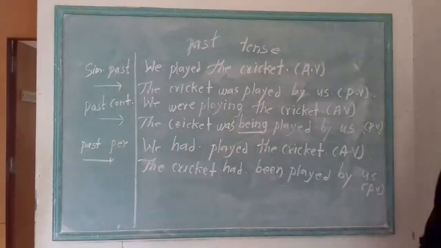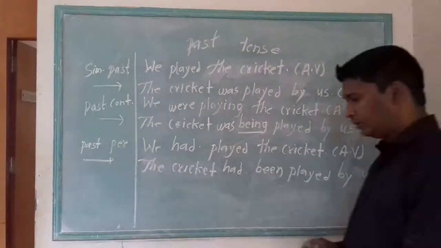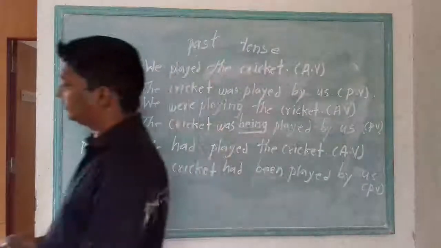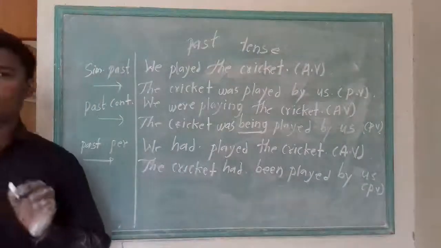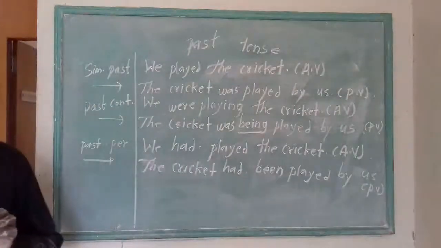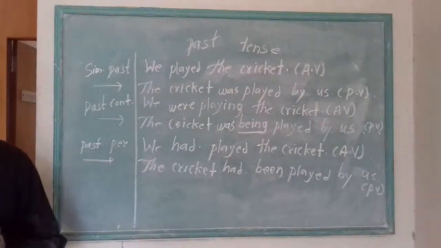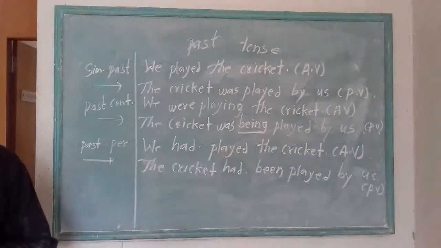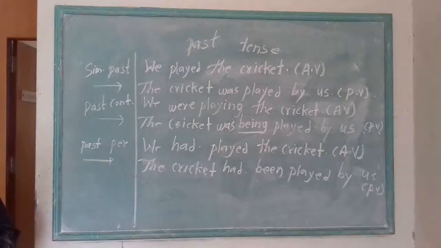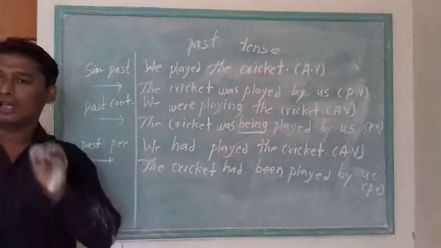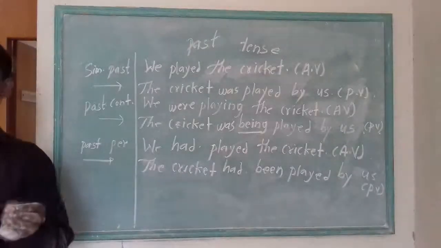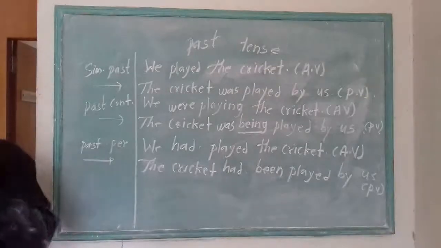Okay, now pay attention here. If you have written, today I taught you the kinds of voice: active voice, passive voice. What is the meaning of active and passive voice? Also, I have given all the rules for changing active voice into passive voice.